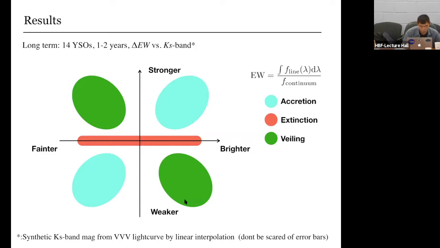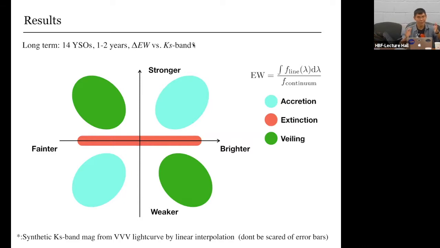Also, I put a star here because the K-band magnitude we're using is from the VVV light curve, but we don't have exactly the same night with both spectroscopic observation and VVV light curve. So the K-band magnitude we use is a synthetic K-band magnitude, using linear interpolation and then applying that on the VVV light curve.